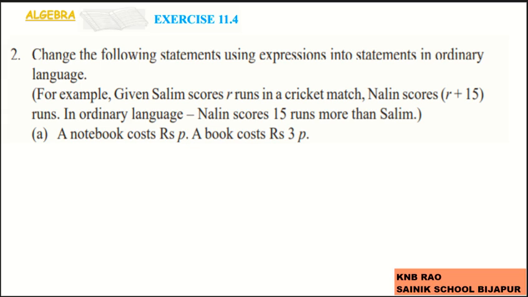Therefore, here we can say that a book costs rupees 3p, which is 3 times, so 3 into p means 3 times.